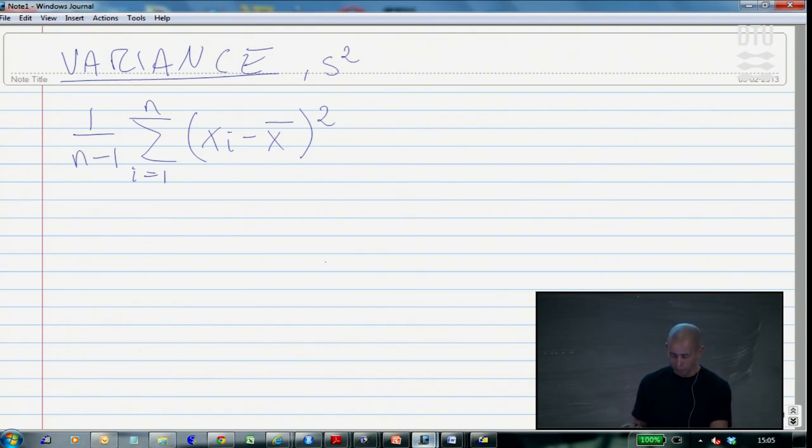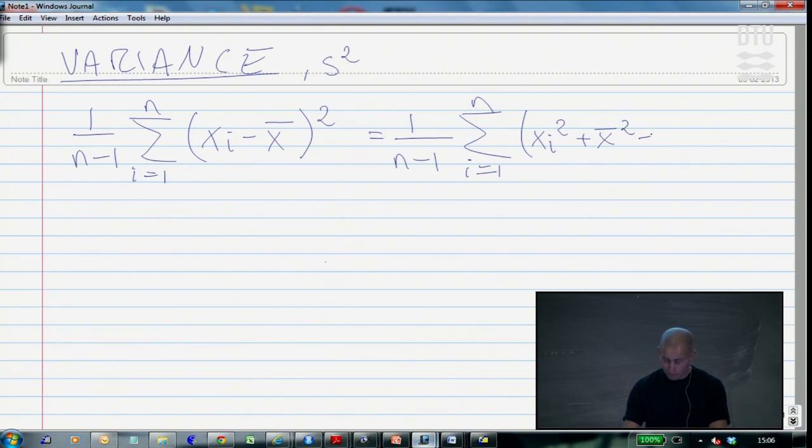Basically, it just amounts to using the rules for the square of such a two-item thing. The square of this difference of two numbers is, by basic rule, the square of the first one plus the square of the second one minus twice the product of the two.